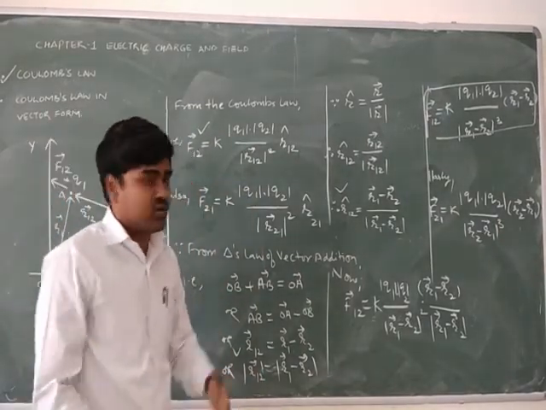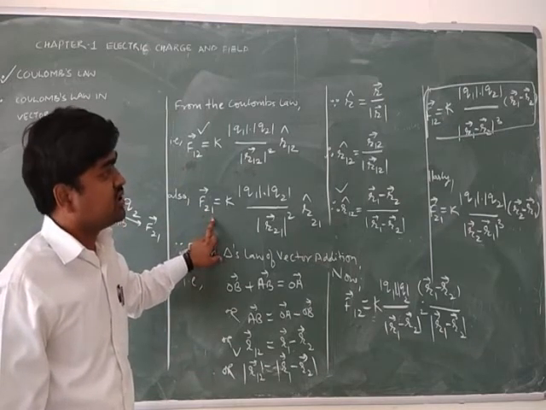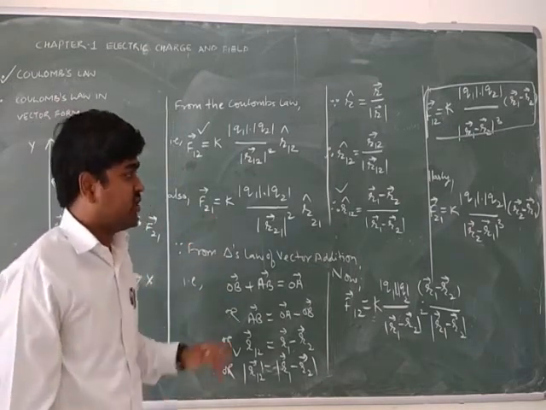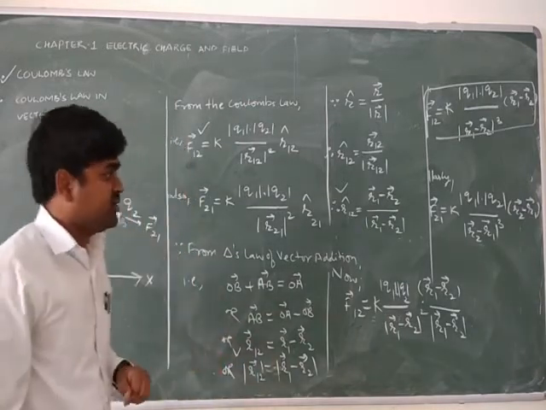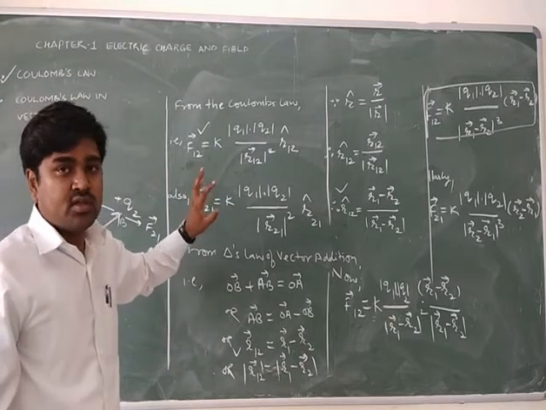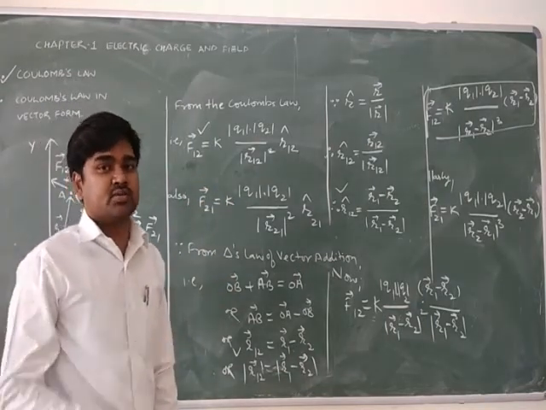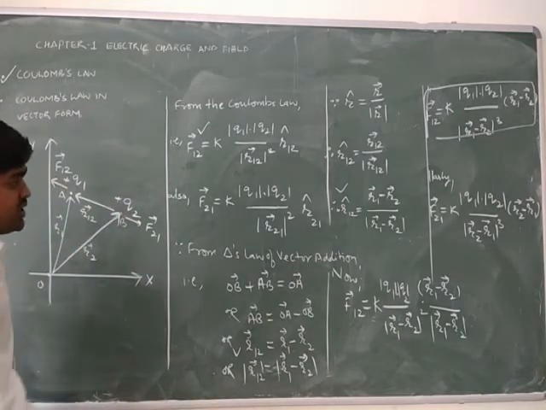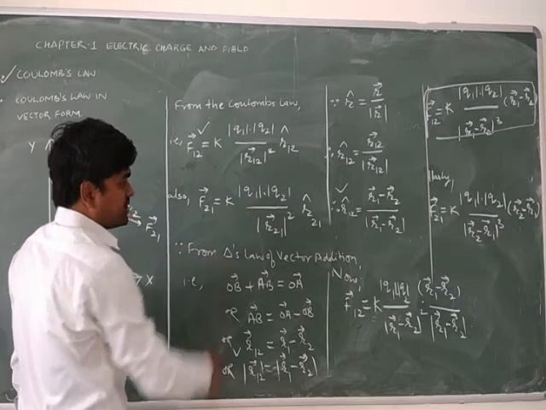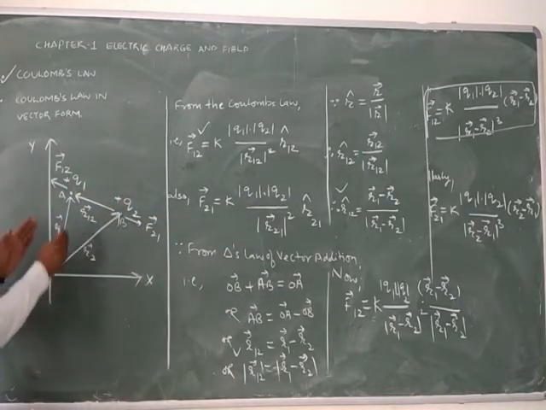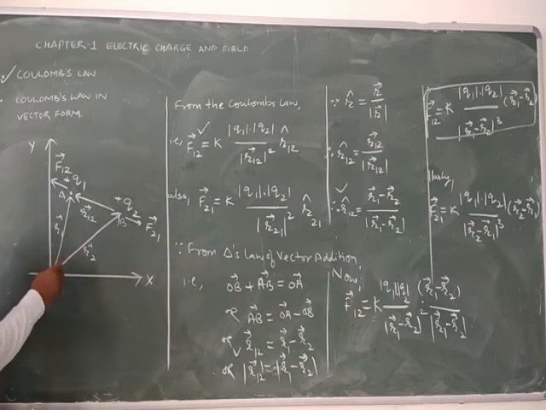Similarly, we can calculate the force on second charge due to first charge in terms of position vector by using the same procedure. But keep in mind, when you derive this equation in terms of position vector, we have to change the direction of the displacement vector, right?